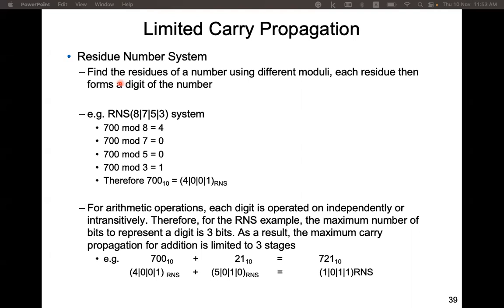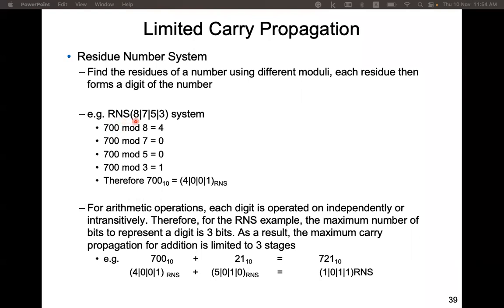The adder here uses the residue number system, based on the Chinese remainder theorem, so you can represent a number using residues. Here is an example. I want to represent the decimal number 700 using a residue number system.